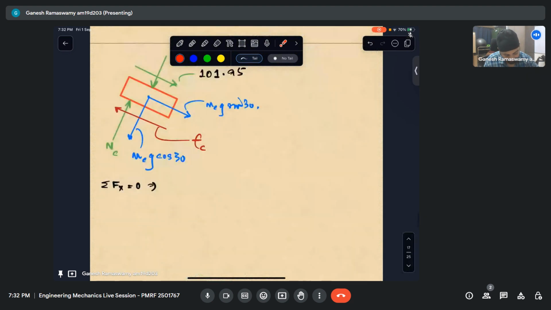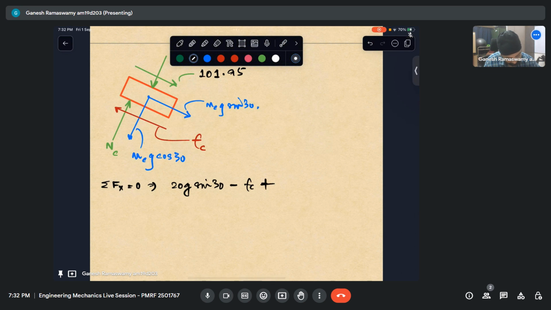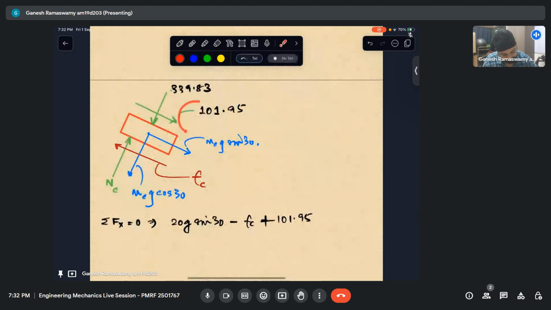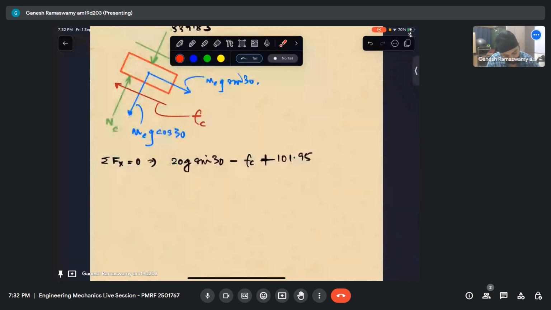So 20g sine 30 minus FC, or rather plus 101.95, because this is acting in this direction, because it is being pulled by box 2, equals 0.